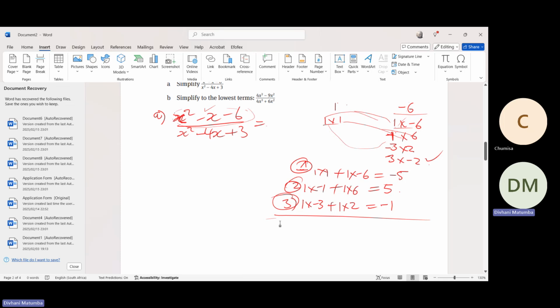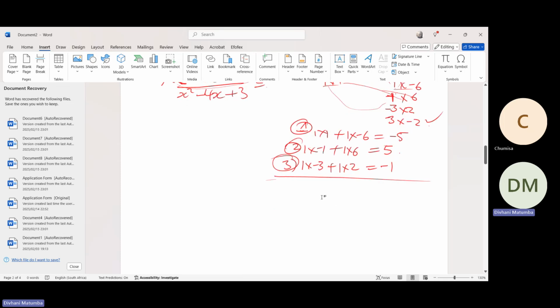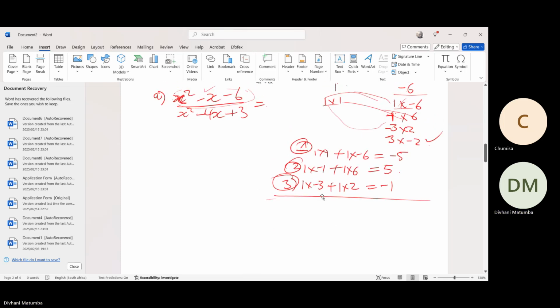Are we sorted yet, you think? Yes, sir. Okay, perfect. So we have factors now, right, for the top one. So how do we factorize it?